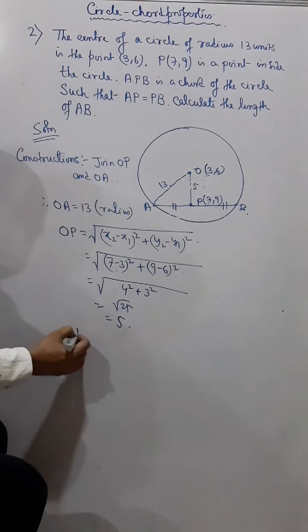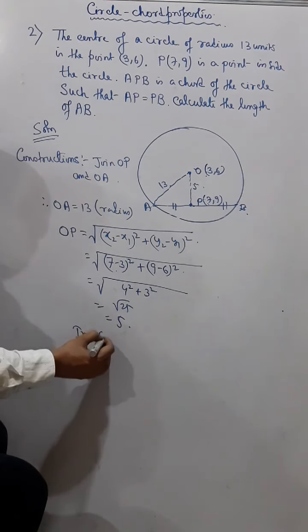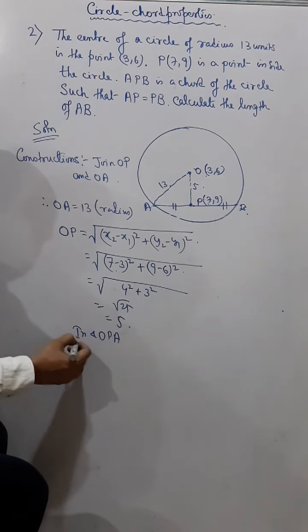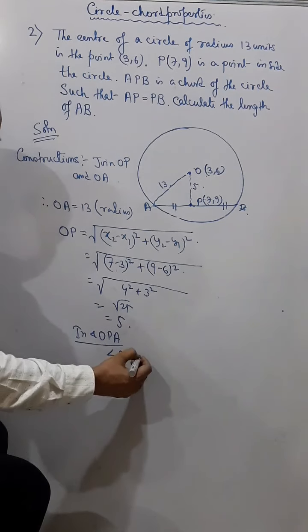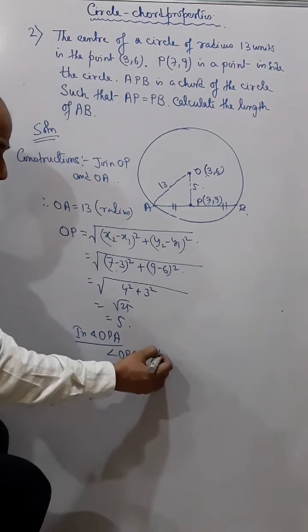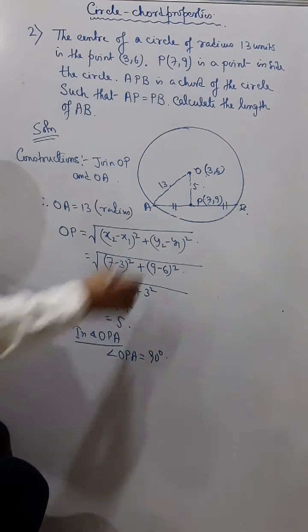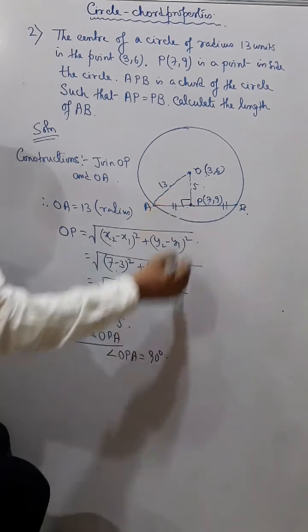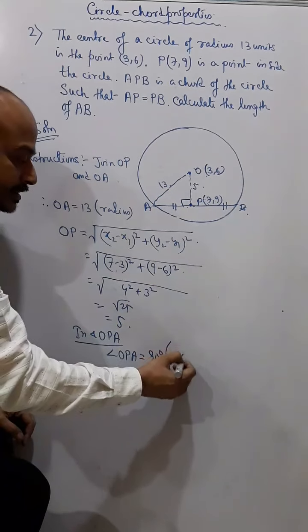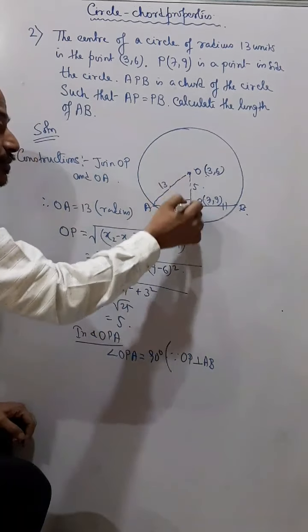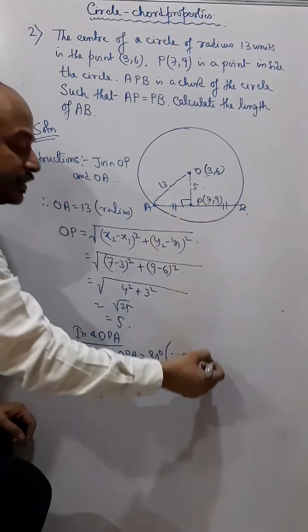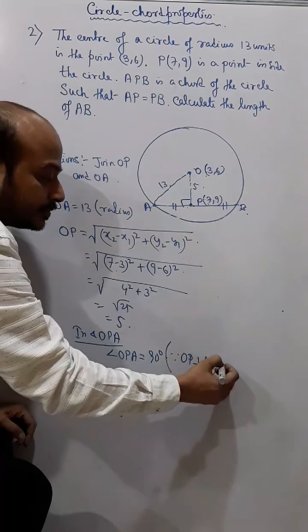Okay, now we can say in triangle OPA, angle OPA is equal to 90 degree. Why? Since OP is perpendicular to AB. Why? Then use the theorem.